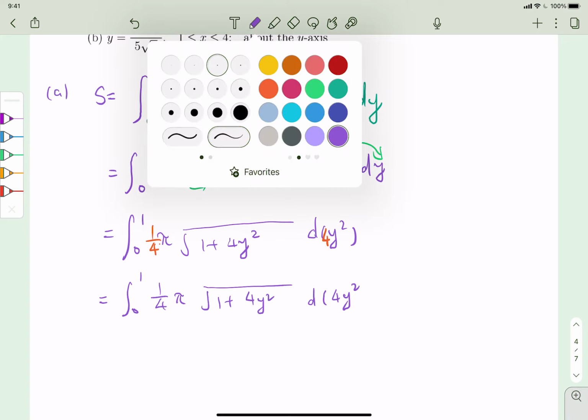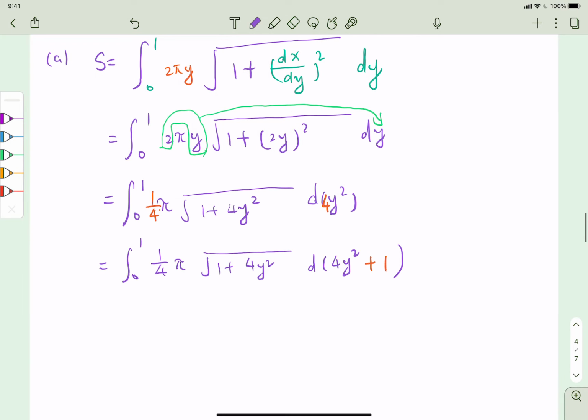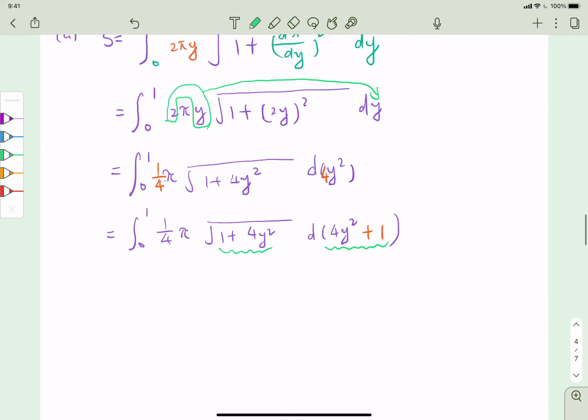So it doesn't hurt me to plus a 1 here. Now after this, I see that the stuff inside this square root and my differential signs are the same.